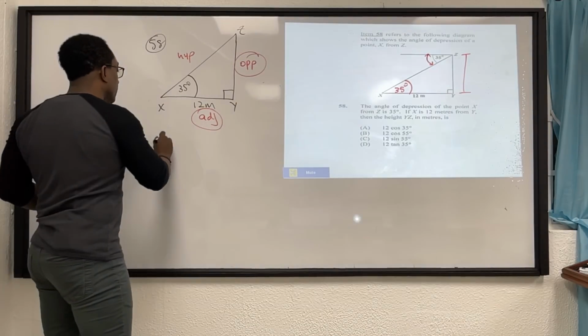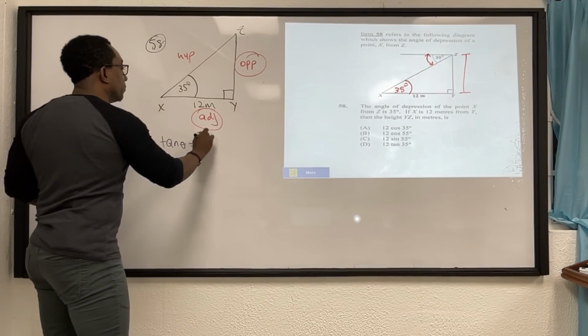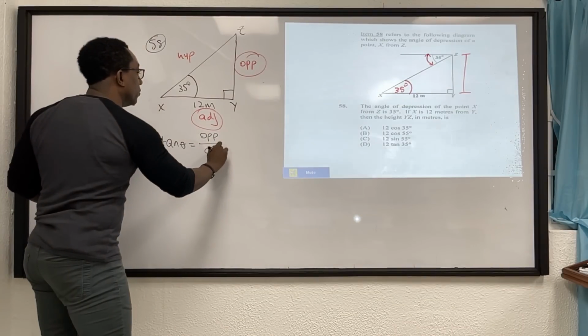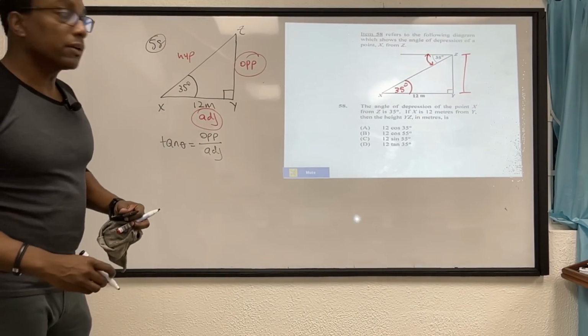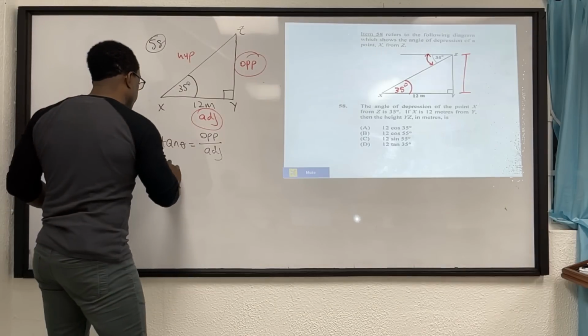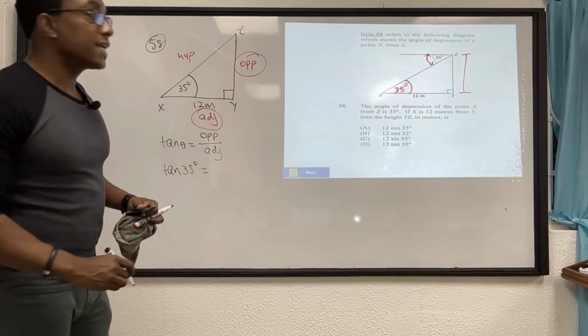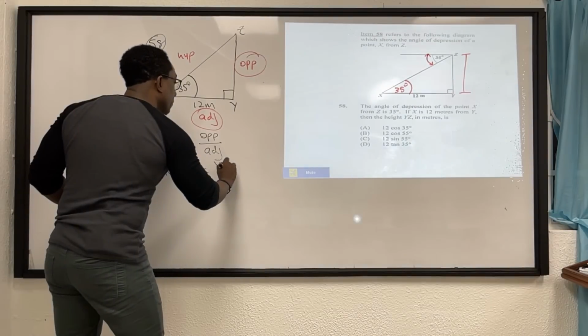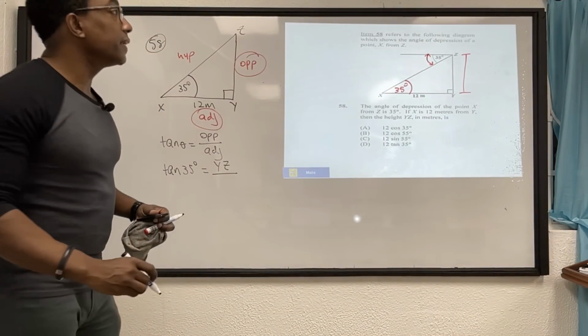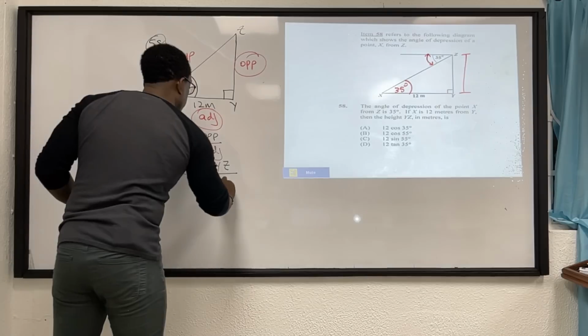The two sides will correspond to the trig function tan theta, which is equal to side opposite over side adjacent. I can comfortably write here tan 35 degrees is equal to my side opposite, which is YZ, over my side adjacent, which is 12.